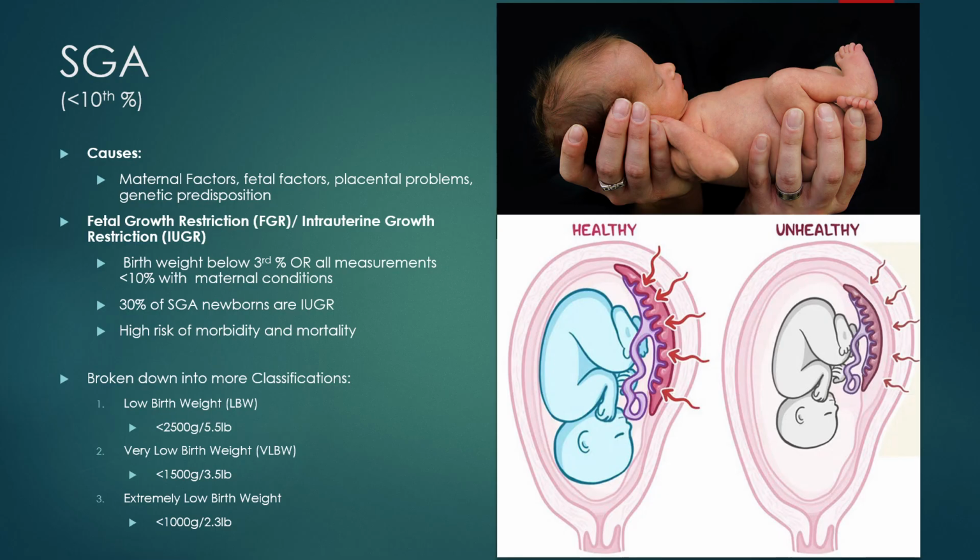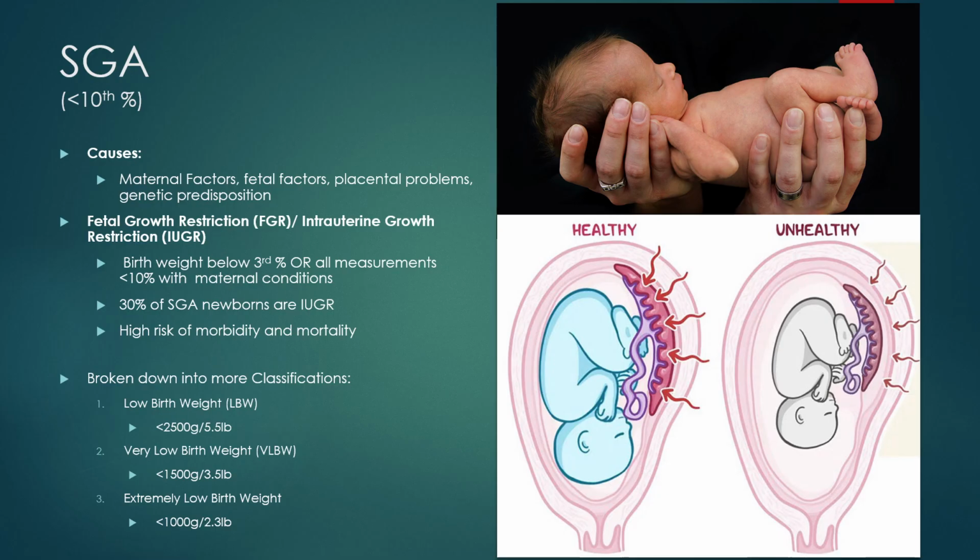Lastly, the placenta. We talked about how it's a temporary organ, and now it has to provide nourishment for that baby. And we can have issues with the placenta, like an abruption, where it starts to peel off the side of the uterus, so it decreases the amount of blood flow that can go through. Placenta previa, placenta insufficiency, so maybe there are already calcifications happening.